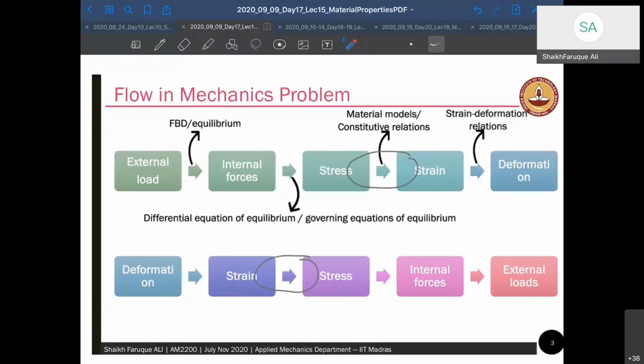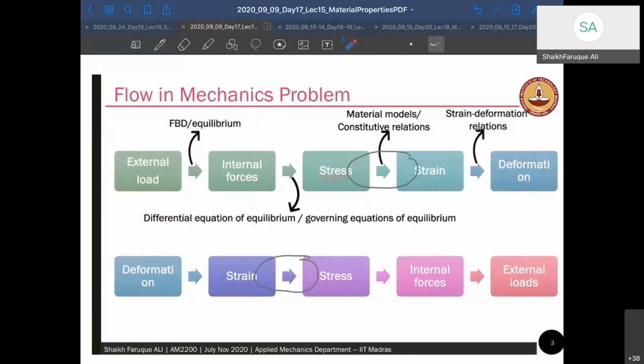From that internal force, we use a free body diagram to find it. From that internal force, we find stresses using differential equations of equilibrium or governing equations of equilibrium. We understood how to find stresses in different kinds of members with given internal forces, right? And those we call stresses.